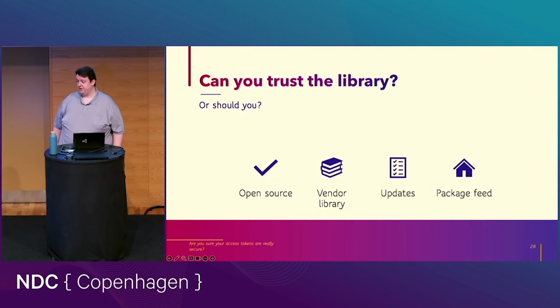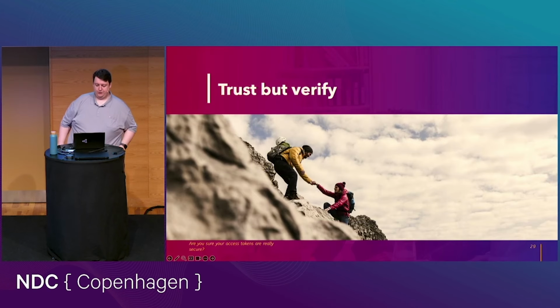And of course, package feeds can also not be trusted. Again, someone was doing a targeted phishing attack at various npm authors to gain their credentials and started pushing packages in their name to the feed. So I say trust but verify, which is a typical good thing to do in security.